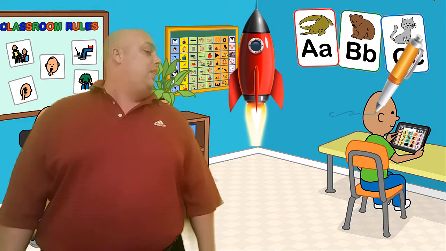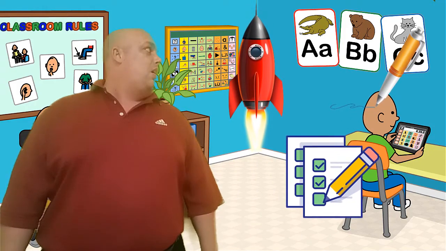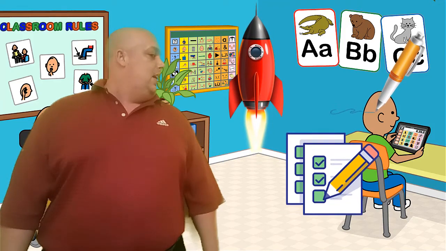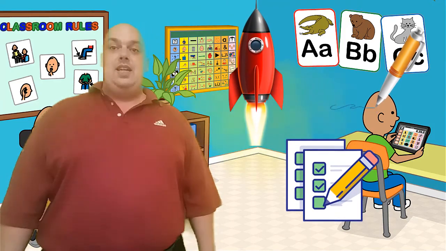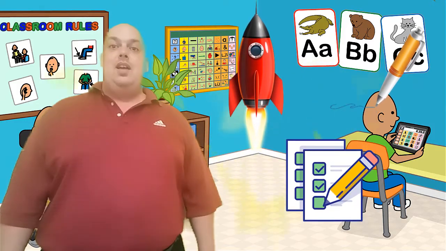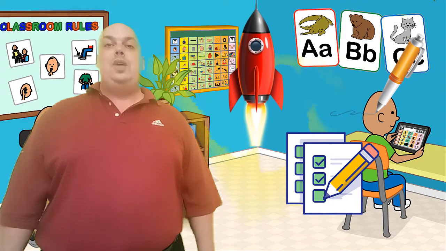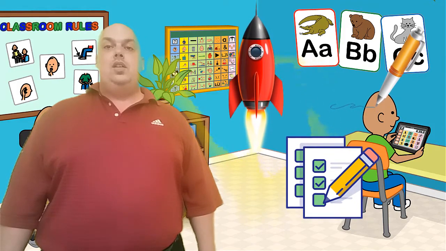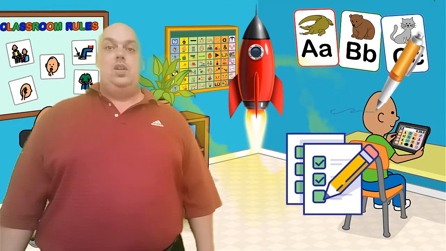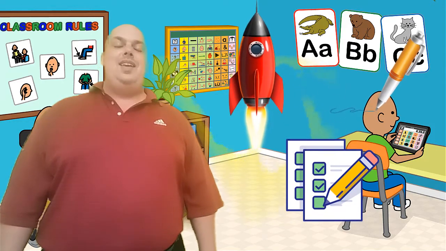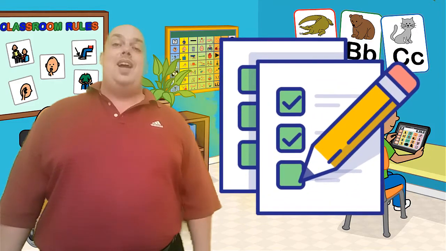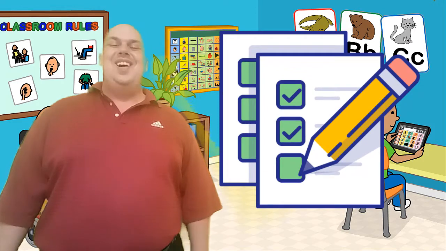We see a rocket, a quiz, and a pen. Now, which one of these starts with letter Q? Yes, it is, of course, the quiz. Quiz starts with letter Q.